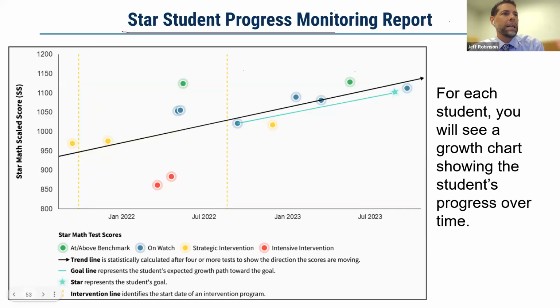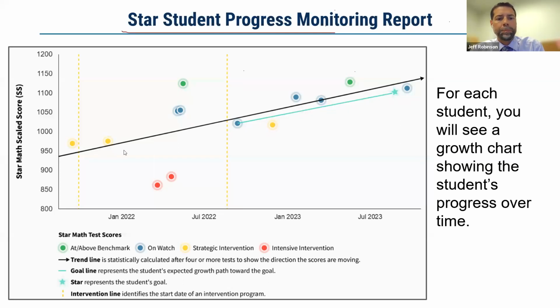It's basically the date that you've set a goal. So when you set the goal, that starts the intervention line. You can see there are 2 yellow lines on here. That means that a goal was set at this point in time, and then later another goal was set at that point in time. So that's what those intervention lines mean.